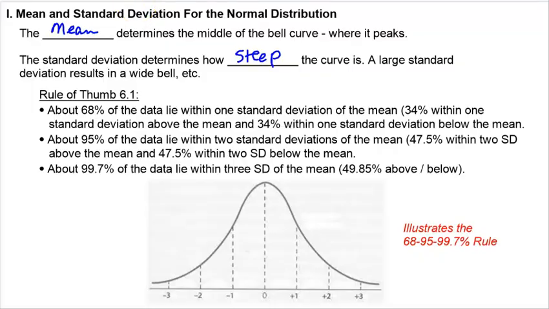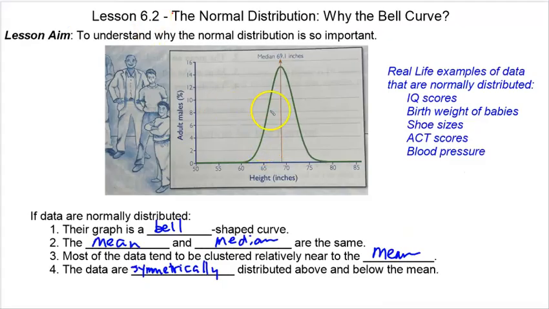So we'll go back to our previous slide. A steep bell curve would mean a smaller number for the standard deviation. So the smaller the standard deviation, the steeper the bell curve would be. And in contrast, if the standard deviation is a larger number, then it's going to be a wider bell curve.